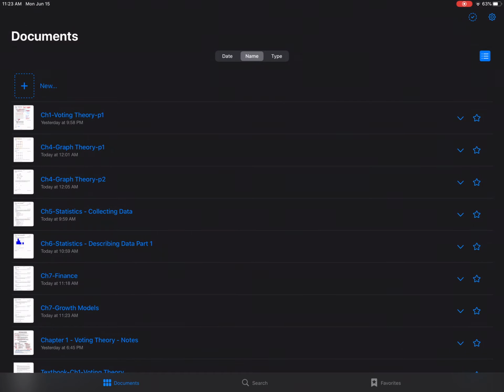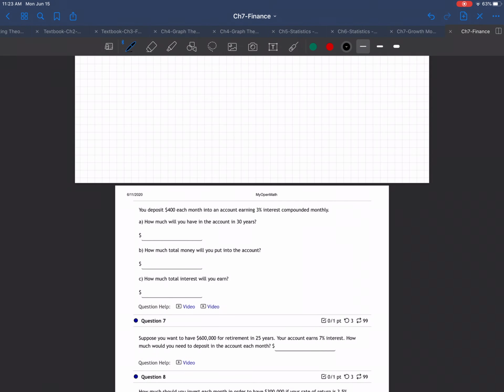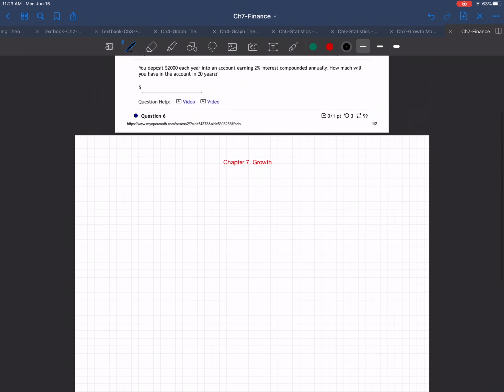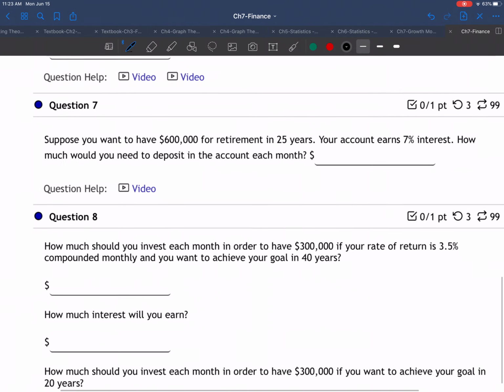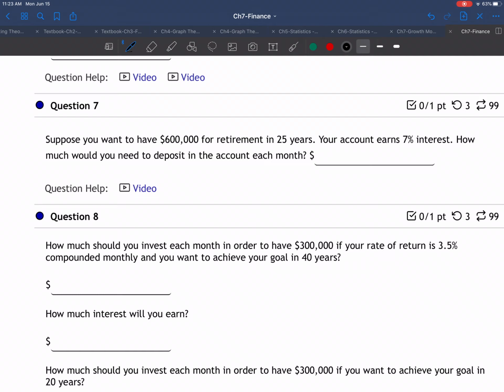And then one other topic in Chapter 7 is finance. So let me come down here. Here's a finance question. Now this is part 2, and it's the finance part. So part 1 is the growth models, exponential growth being the key.